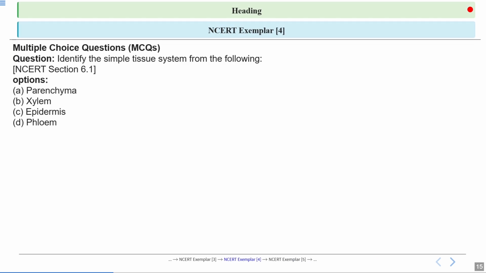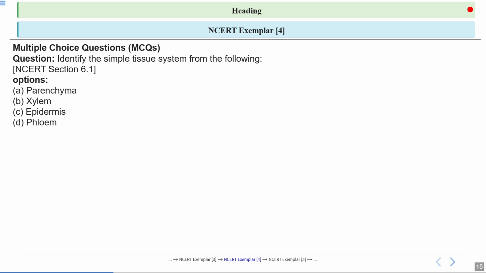Next question. I got a question, sir: what is the quiescent center? The quiescent center is a specific region that we see in the root apical meristem, the growing tip of the plant where the apical meristem is present.